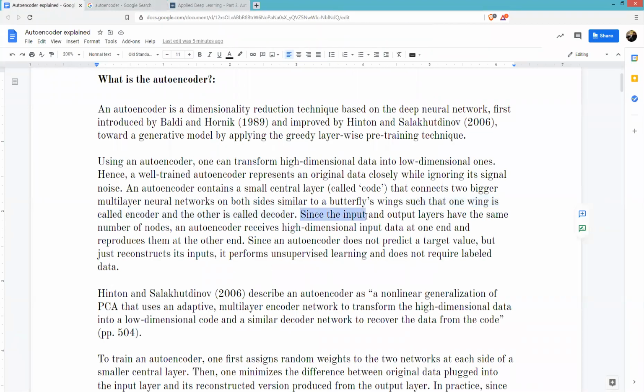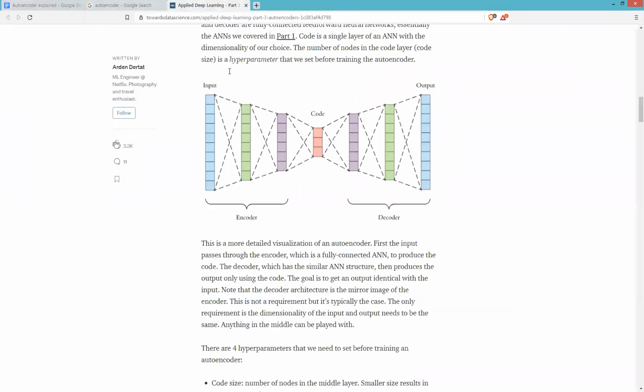Since the input and output layers have the same number of nodes, here basically the input layer over here and the output layer over here, they have the same number of nodes, or equivalently the same number of perceptrons.